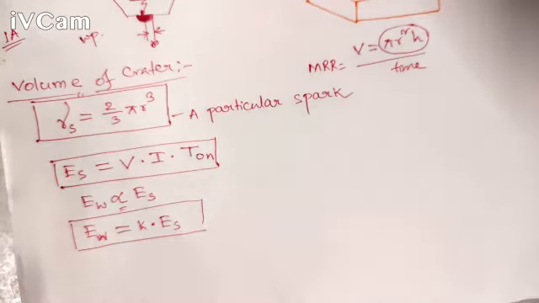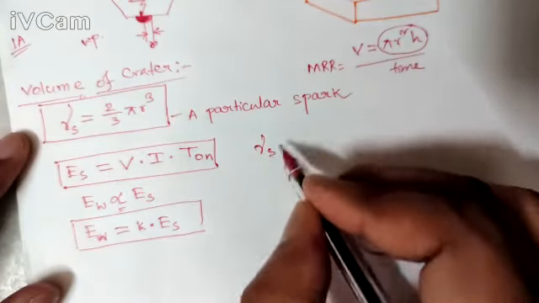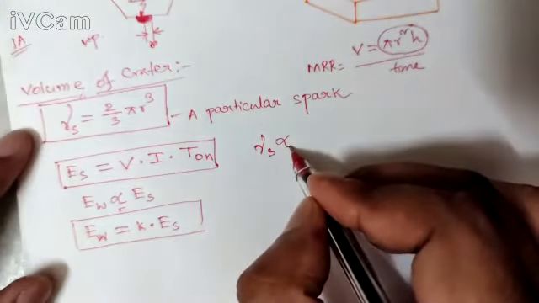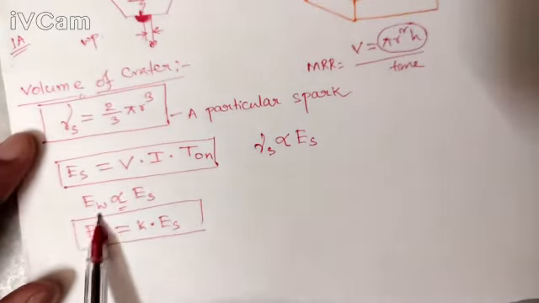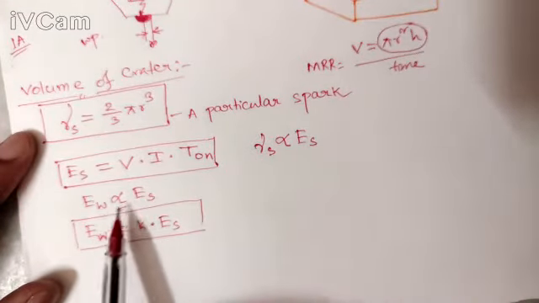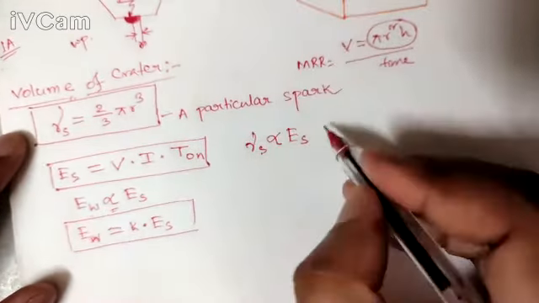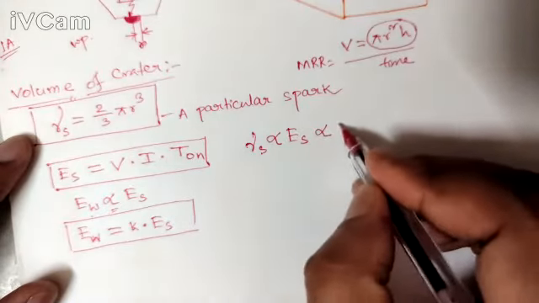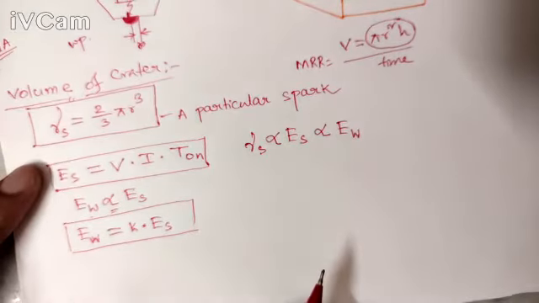Similarly, the volume of material removal will be proportional to the spark energy. So gamma S will also be directly proportional to the spark energy, and here we have studied that spark energy and working energy are proportional to each other. That's why this is once again equivalent to EW. Okay, clear?